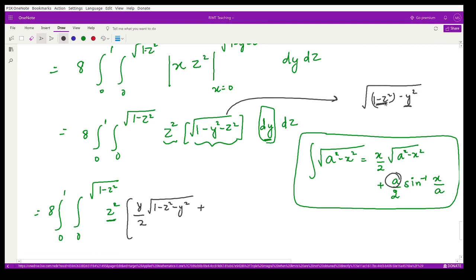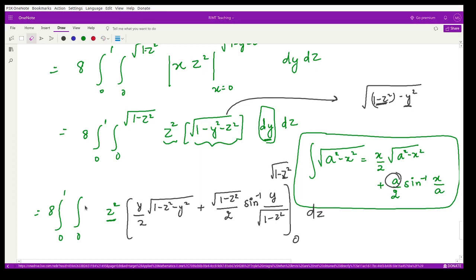What is a here? Square root of this quantity. So square root of 1 minus z square divided by 2 sine inverse of the variable, that is y, divided by the constant a, that is 1 minus z square square root. And its limits vary from 0 to square root of 1 minus z square into dz. Yes. And we would not write these limits here. So it is simply the brackets.